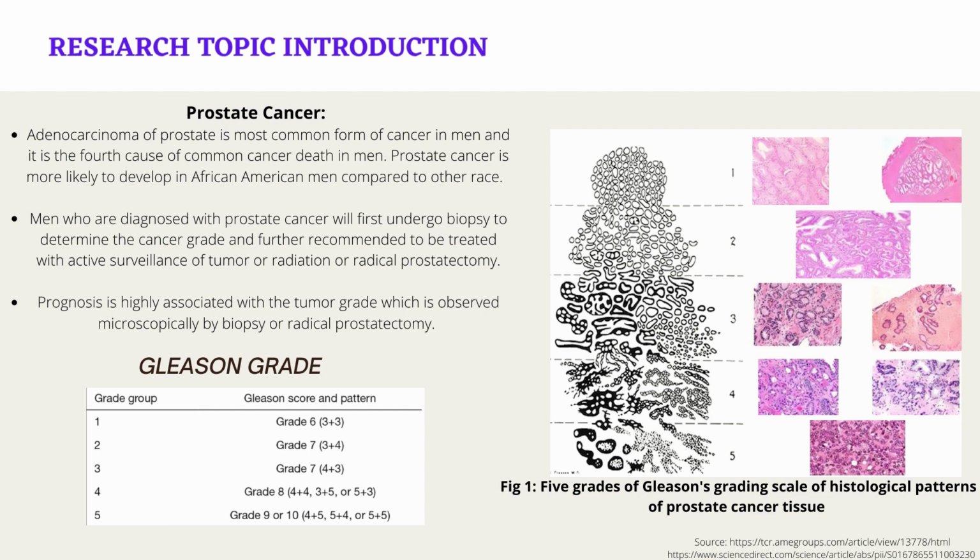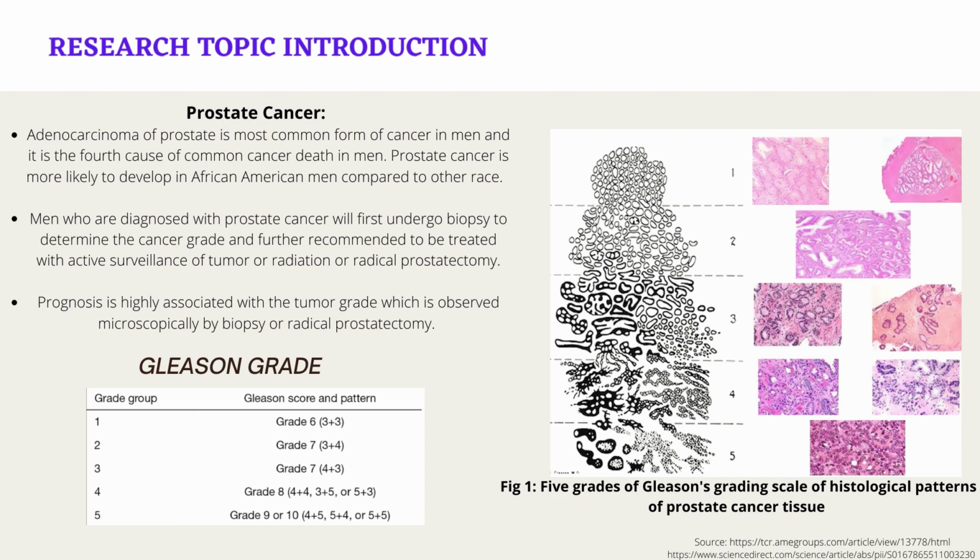Men who are diagnosed with prostate cancer will first undergo a biopsy in order to determine the cancer grade, and then be recommended treatment with either active surveillance of the tumor, radiation, or radical prostatectomy. In these pictures, we will be able to see the Gleason grade.